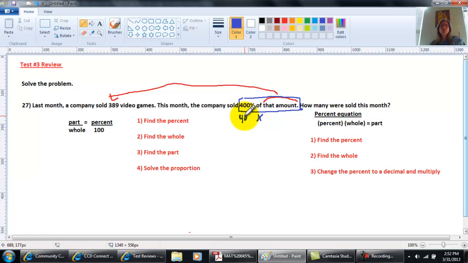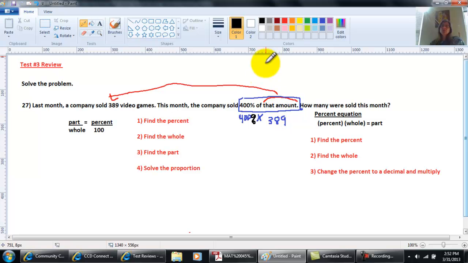Now 400% has to be changed to a decimal. You cannot just multiply 400 with a percent sign on that number. That means something different. It's not ready to multiply yet, so you would have to change it to a decimal. So that's the basic math if you want to just break down the sentence.